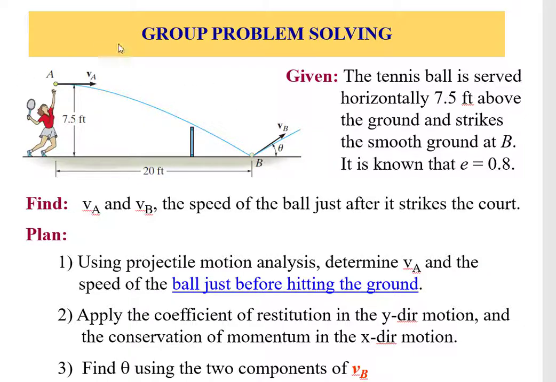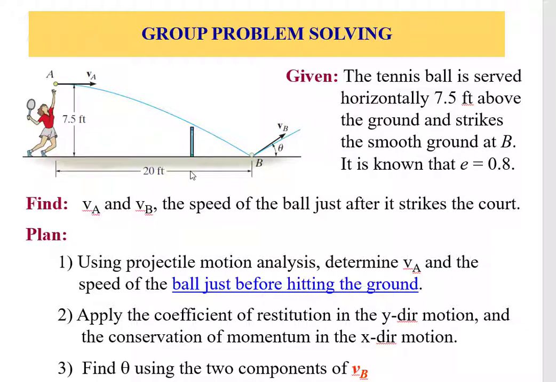The first part of the problem is simply to follow the projectile motion analysis, where you can compute the flight time that it takes this ball to go from A to B using one of the equations, and then use that flight time along with the knowledge of the distance traveled to calculate the horizontal component of VA, which at this moment for the initial velocity was VA along VAX.